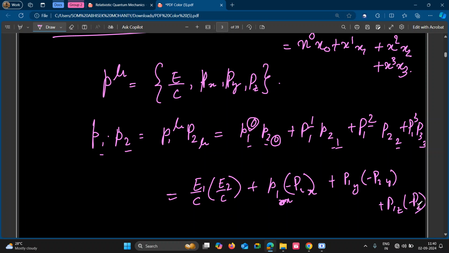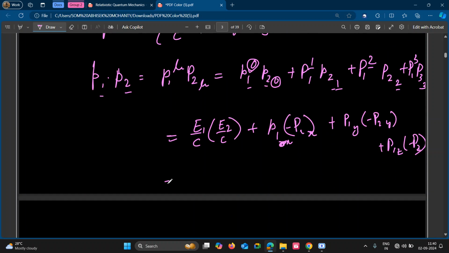So at the end I will get E1 E2 by c squared minus p1 vector dot p2 vector, because p1x, p1y, p1z, and p2x, p2y, p2z are there. So this is your p1 dot p2, four momentum vector.